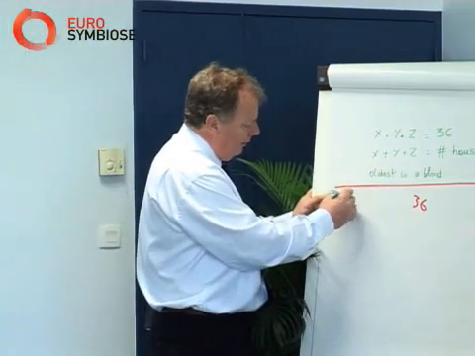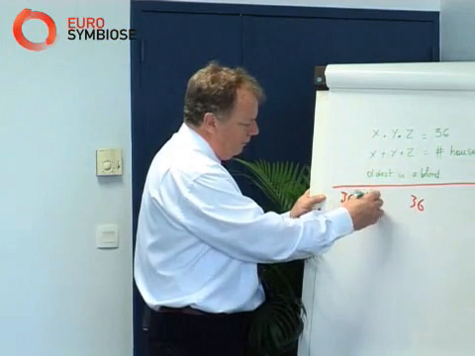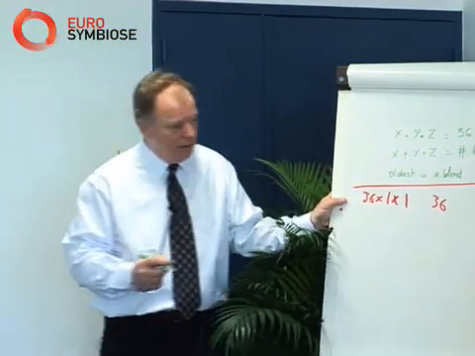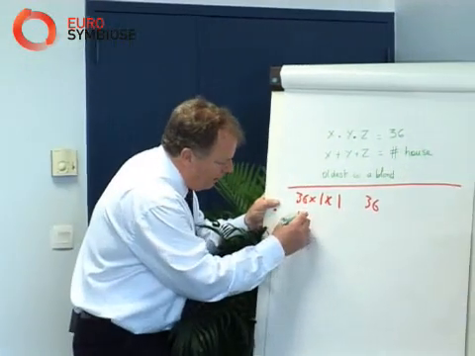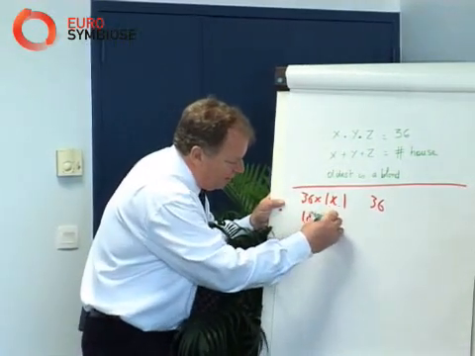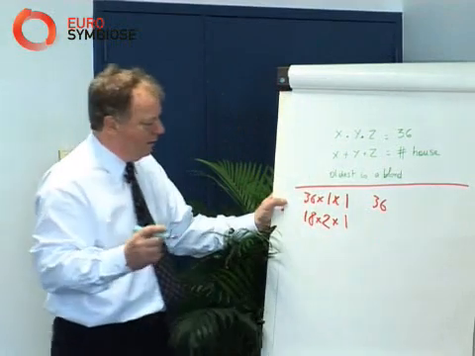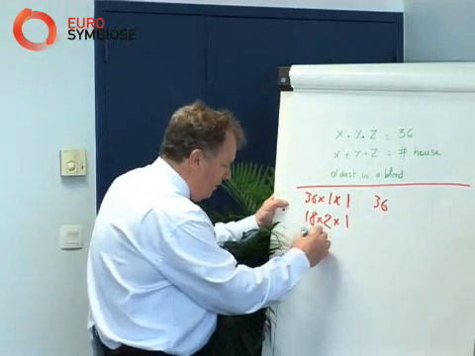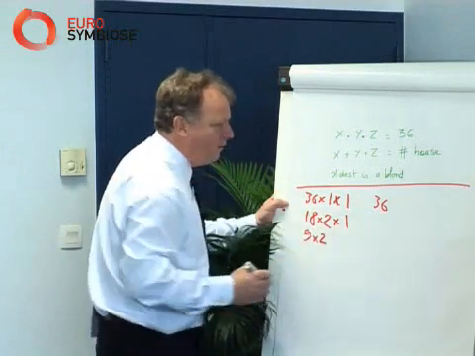Alors, il y a 36 times 1 times 1. Okay. Any others? Il y en a d'autres? 9 by 2 by 1.